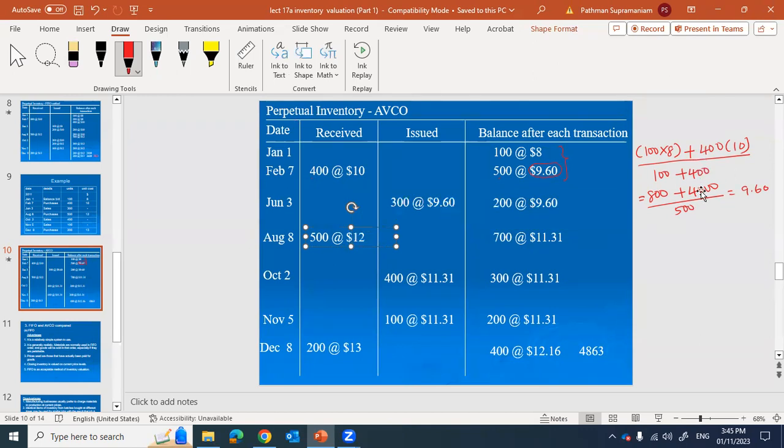So which means 200 times 9.6 plus 500 times 12 over 200 plus 500. So you always divide by the units. Okay, so this will give me $11.31, and that's how I got the cost per unit as $11.31. And as for the units, I just add these two up, 200 plus 500 to give me 700.